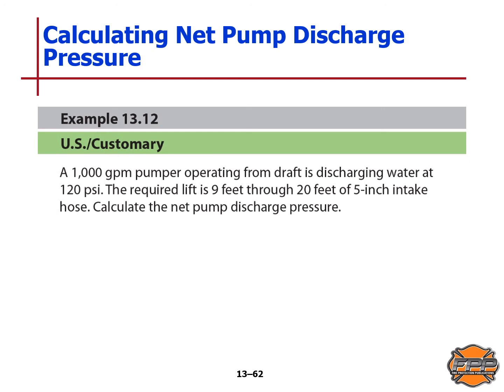So here's an example. A 1,000-gallon pumper operating from draft is discharging water at 120 psi. The required lift is 9 feet through 20 feet of 5-inch intake hose. Calculate the net pump discharge pressure.